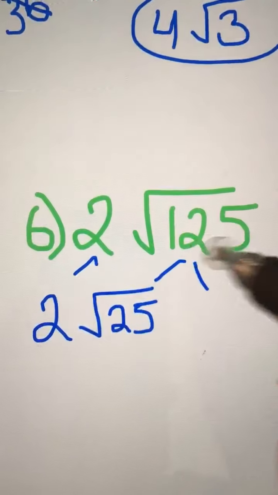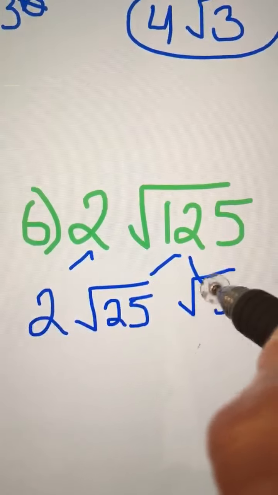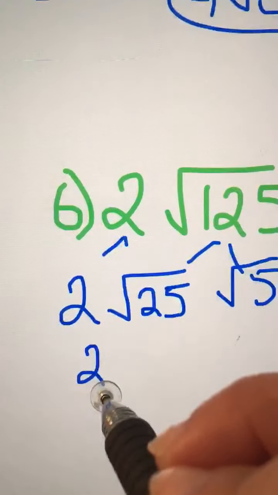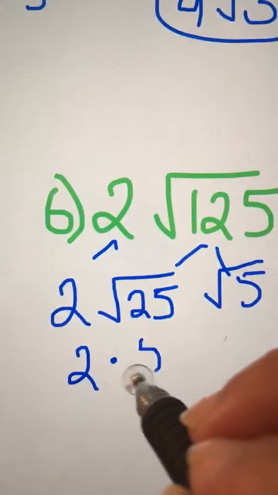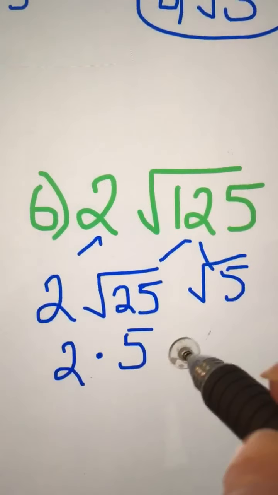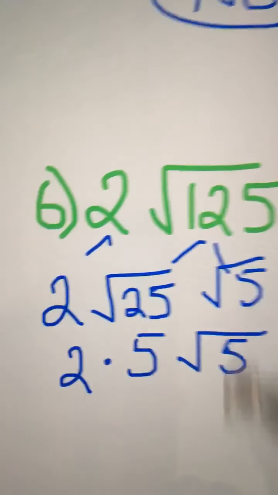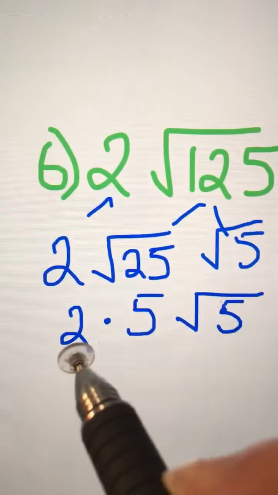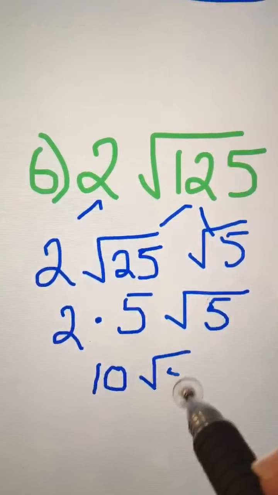Because if you had $1.25, that's 4 quarters and 1 more. It's 5. And then bring down your 2. Put multiplication. Square root of 25 is 5. Get rid of the radical because it was a perfect square. And then this part always just stays as long as it's not a perfect square. And your final step is to actually multiply 2 by 5, which would give you 10 radical 5 for your final answer.